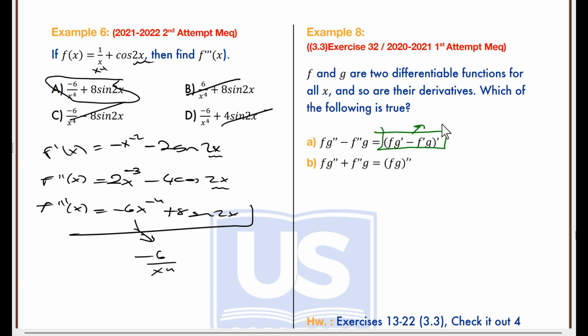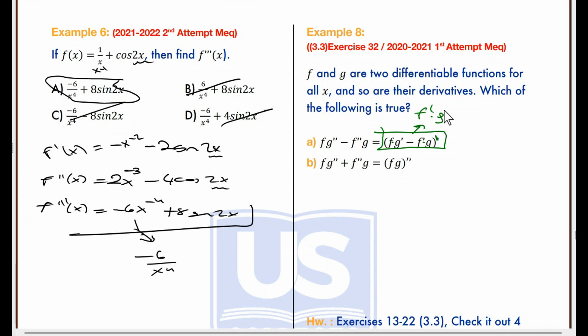So when you solve this, there is a derivative here, prime. So take the derivative of everything inside. Here I have a product. Here I also have a product. So apply the product rule for both. Now for the first couple, derivative of this product is derivative of first, which is f prime, times second, g.